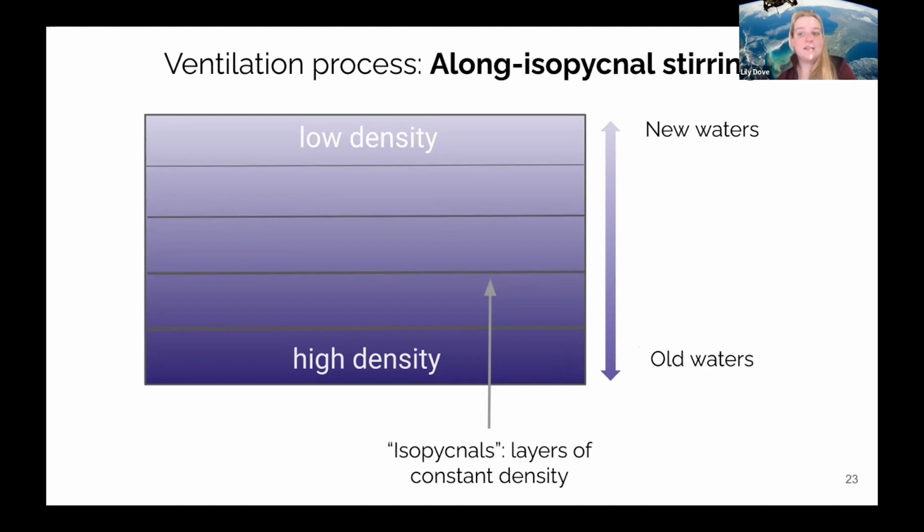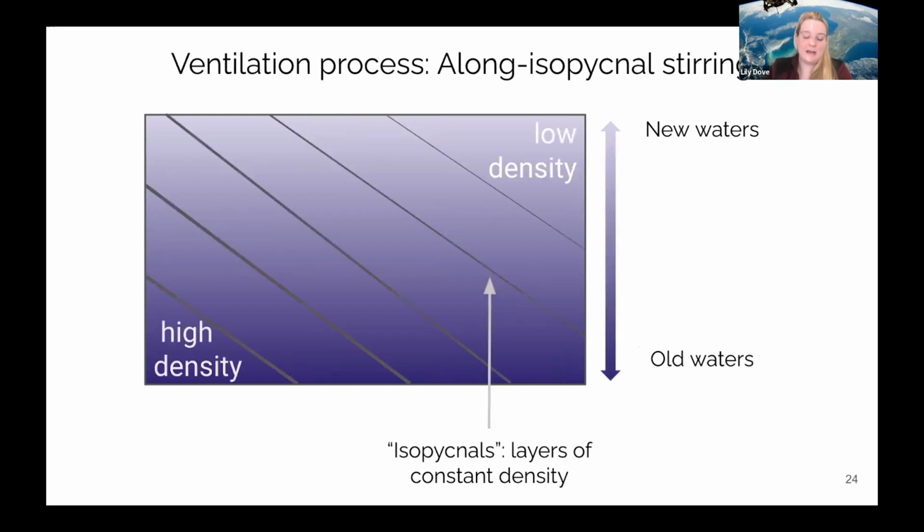But we know that in the Southern Ocean, things aren't this simple. In fact, our isopycnals are tilted as a result of the geostrophic flow of the ACC, which tilts our density surfaces upwards towards the continent.